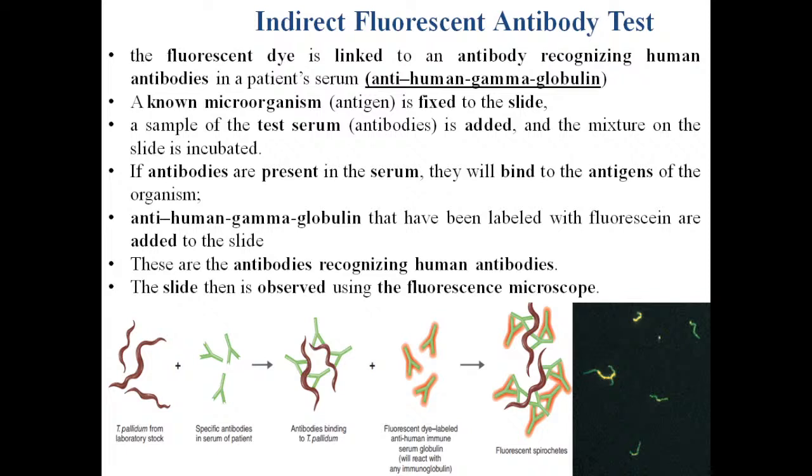We can't see it by naked eyes. We should add something that allows to see this result. What should we add? We should add anti-human gamma globulin. Anti-human gamma globulin consists of antibodies that may bind to human antibodies.